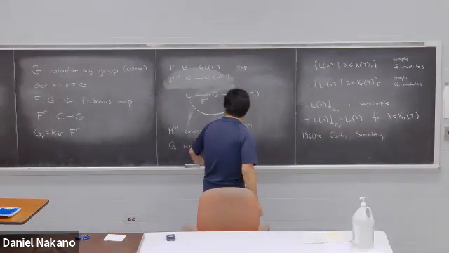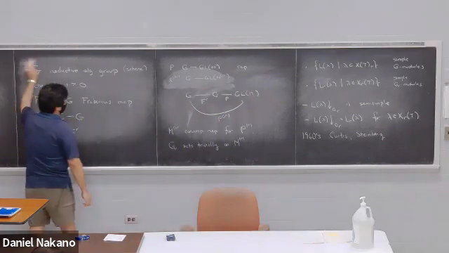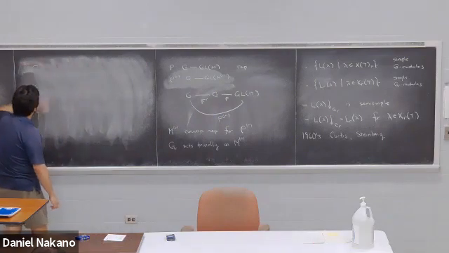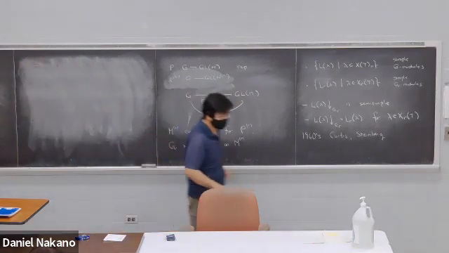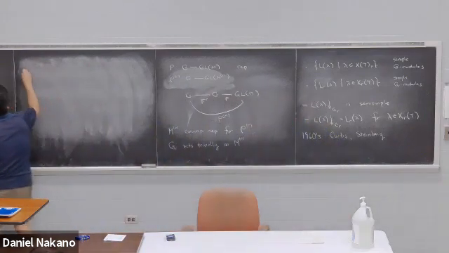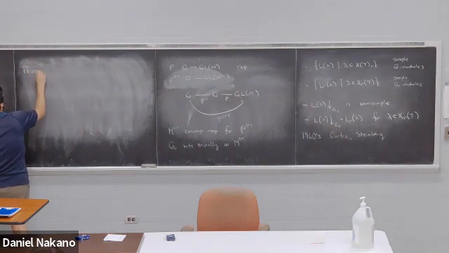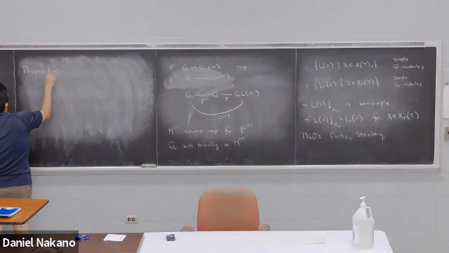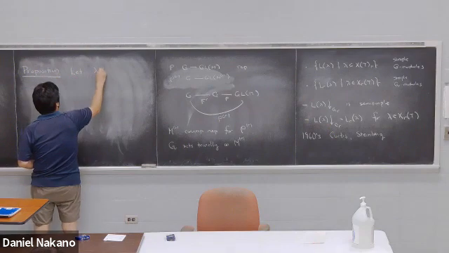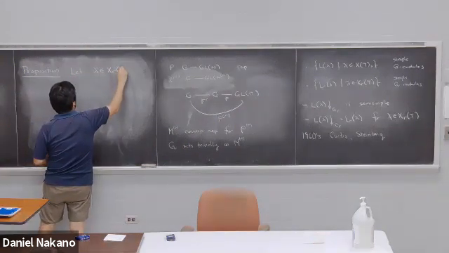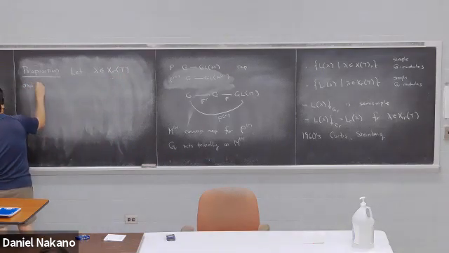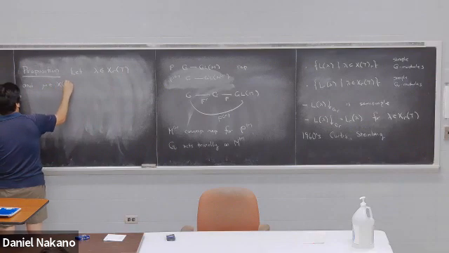All right, so we're in the midst of a proposition. Let lambda be p^r-restricted and mu a dominant weight.